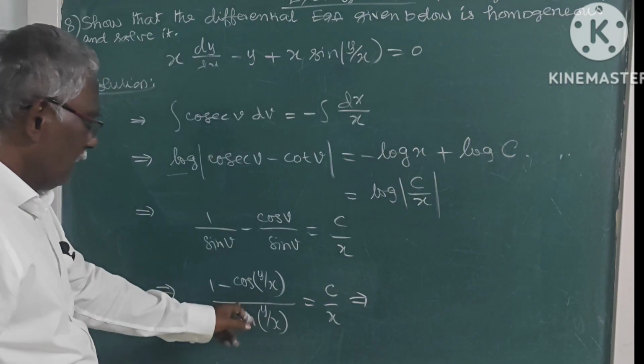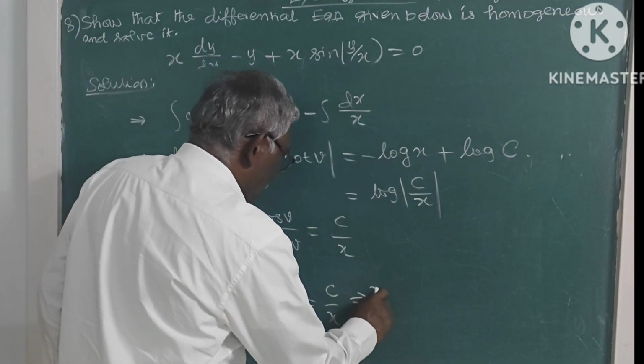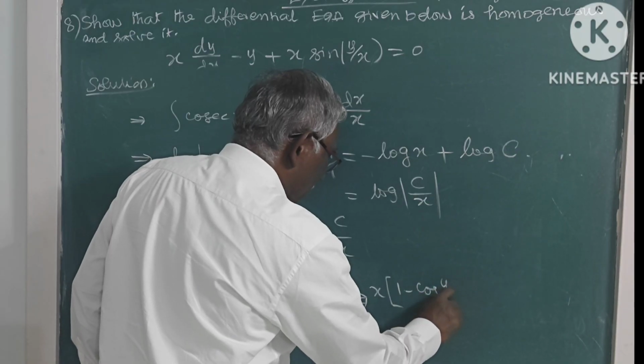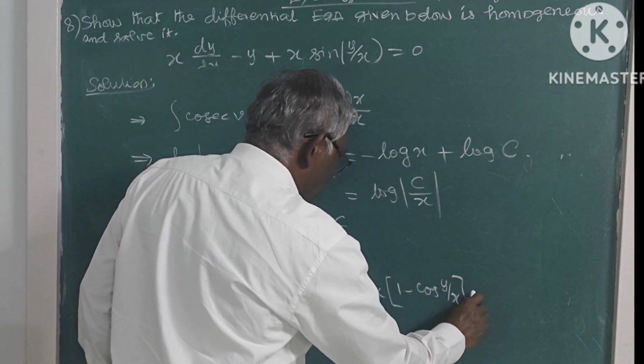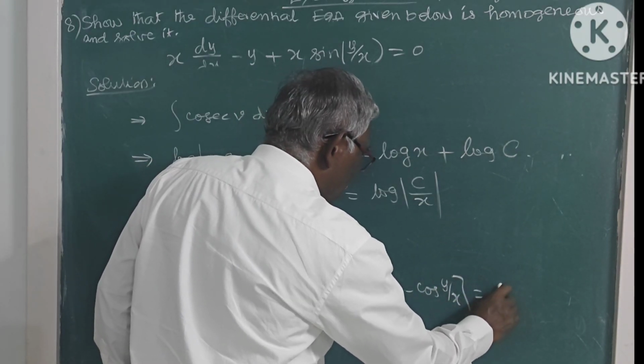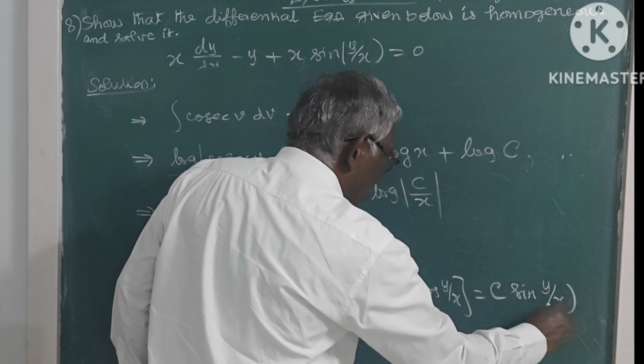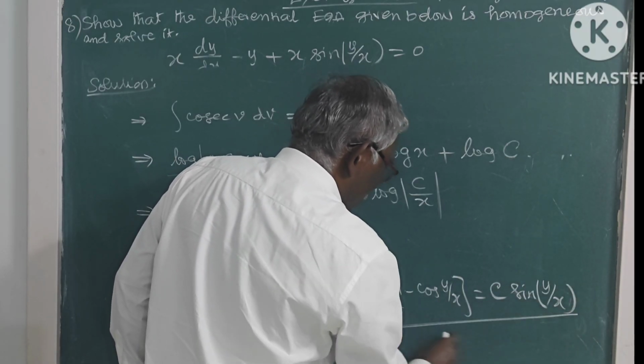So from here we can write x into 1 minus cos of y by x is equal to c into sin of y by x. So this is the answer.